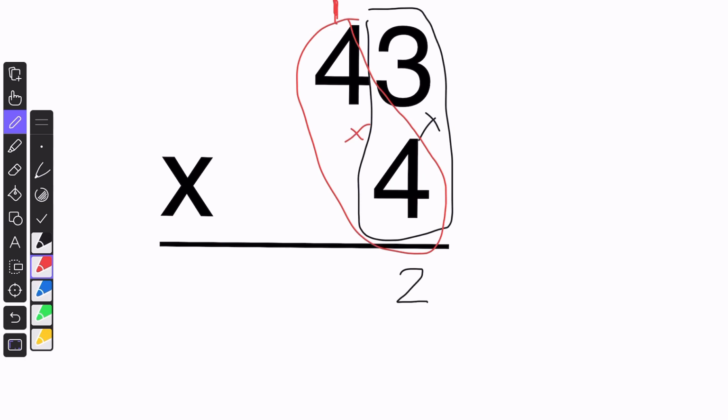Next, step 3 is you're going to add that to our 1 here, or any number that's going to be up there. So 4 times 4 is 16, plus 1, we're going to add 17. So our answer is 172.